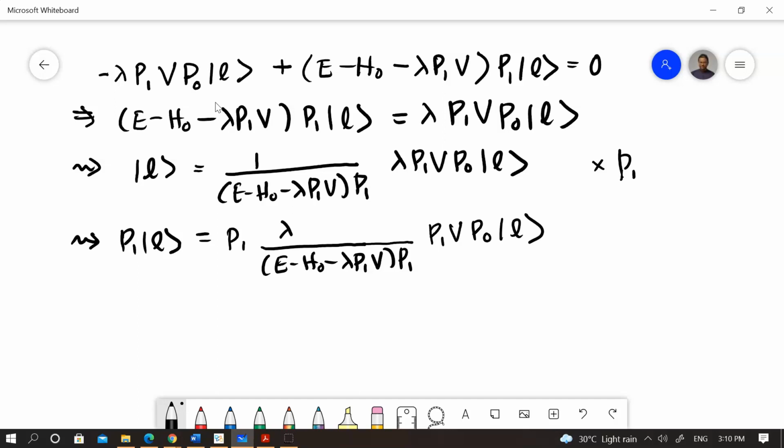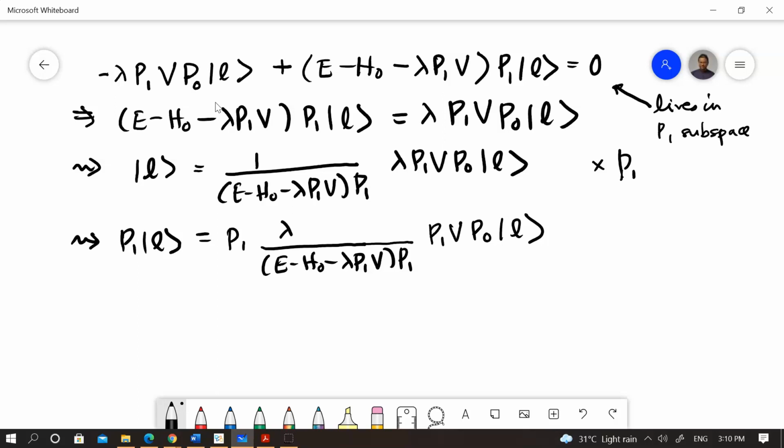Now, one of the things with projection operators is that this equation lives in the P1 subspace.